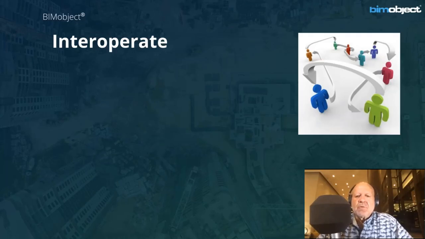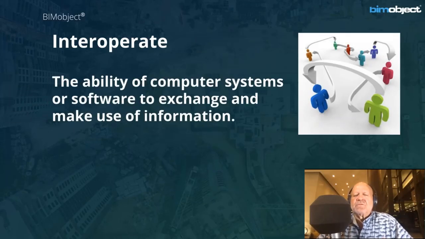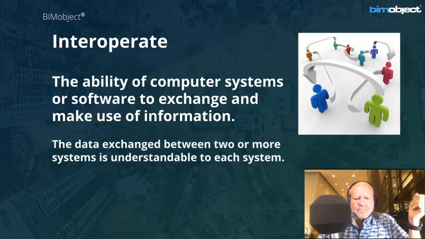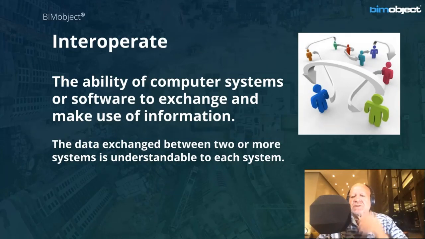Interoperate or interoperability. This is the ability of two different systems or softwares to exchange and make use of the information. They can read across and consume it, or output it for others to read as well. So it's the data that's exchanged between two or more systems, and it's understandable in its native format to each of those two systems.